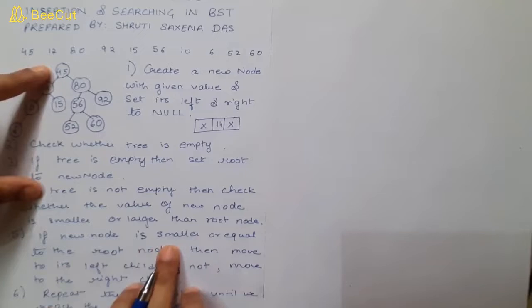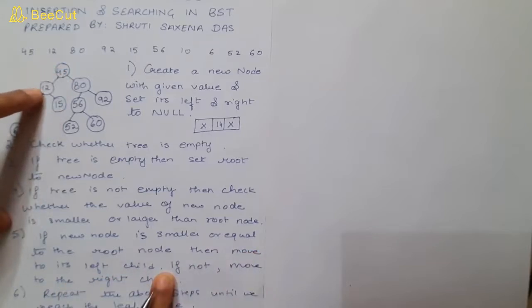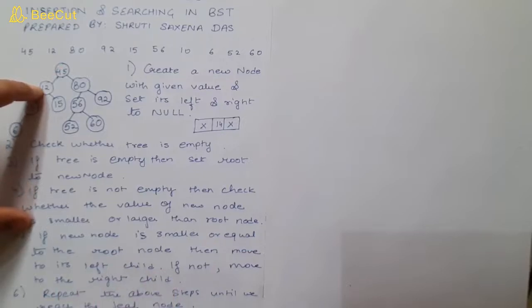If the new node is smaller or equal to the root node, then move to its left child. So we'll move to the left child and come to 12. Next, repeat the above steps until we reach the leaf node. So 12 is not a leaf node, so we'll repeat again.